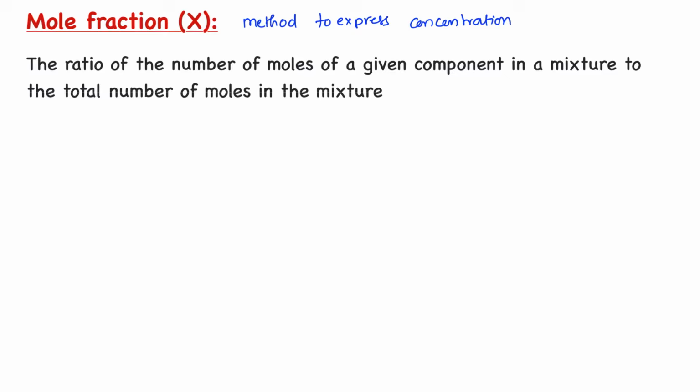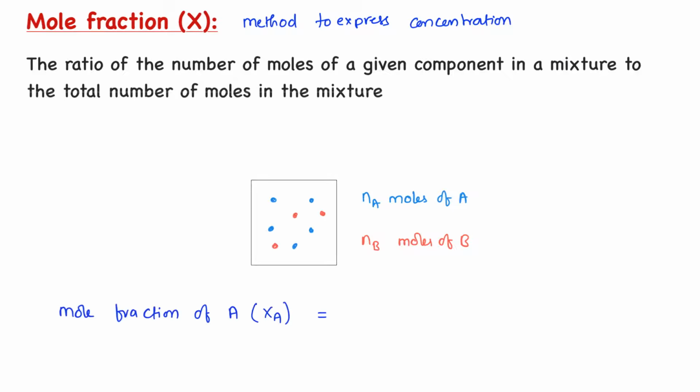Let us assume a solution is prepared by mixing Na moles of A and Nb moles of B. Then, the mole fraction of A represented by Xa is equal to the number of moles of A divided by the total number of moles.